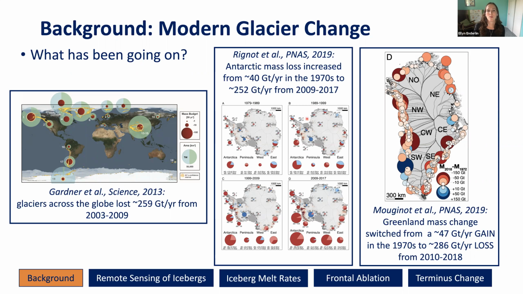Then you see these more recent papers from Eric Rignot and from Jeremy Mougenot, both in the National Academies in 2019, showing that recently from Antarctica we've been losing about 250 gigatons per year, and from Greenland 286 gigatons per year. So we're losing mass from all of these locations.